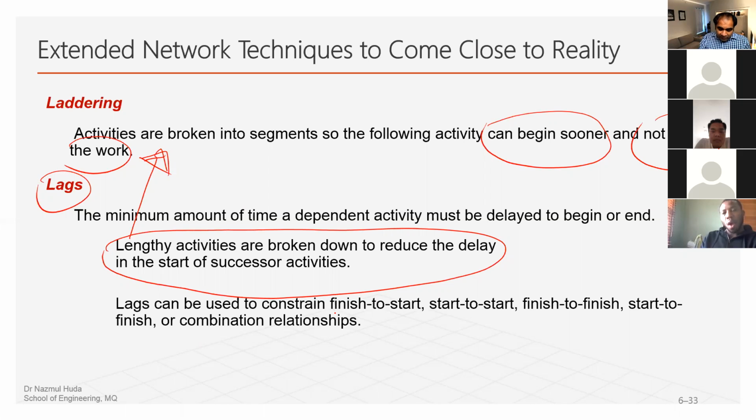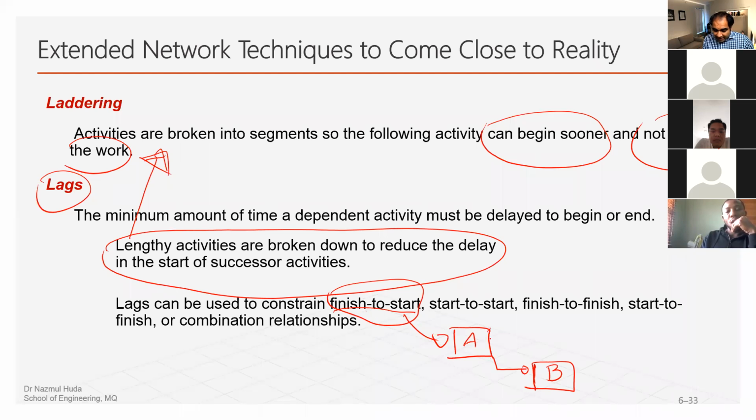One is finish to start. Finish to start is how much time delay we have from finishing. If you look here, this is activity A, and if we finish it, this is activity B, right? So this is from finish to start.